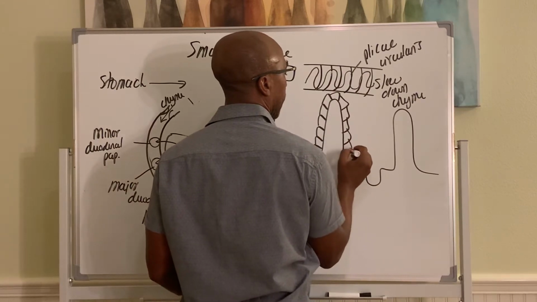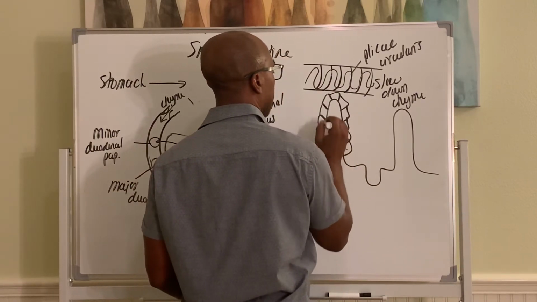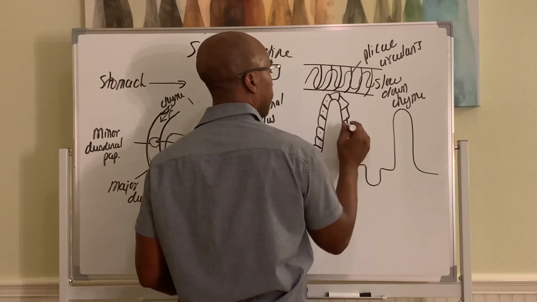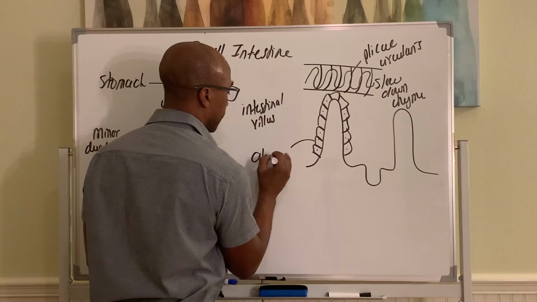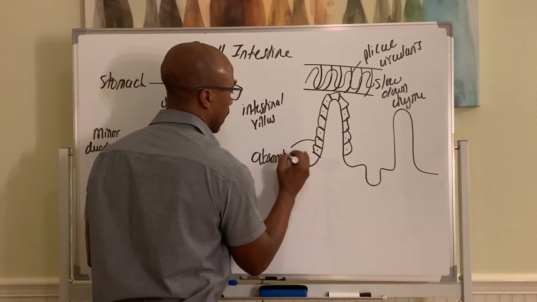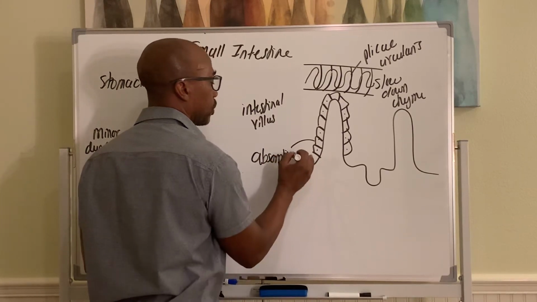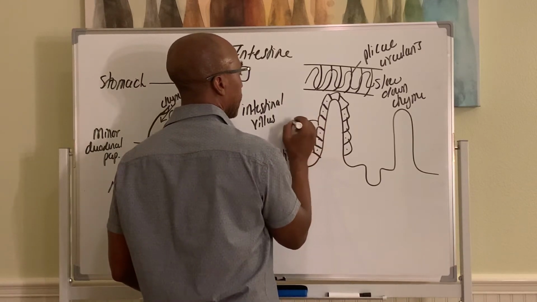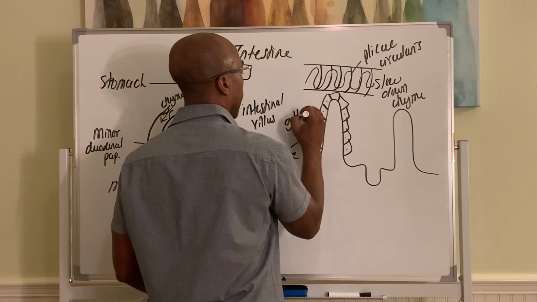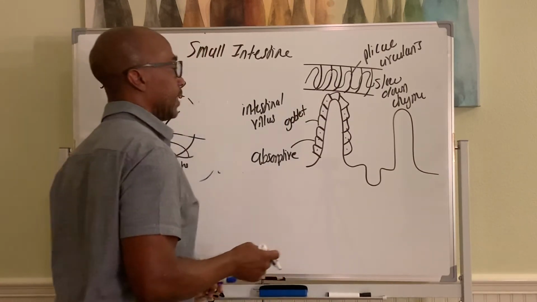And these cells come in two types. You have your absorptive cells. Their job is to absorb nutrients. Then you have your goblet cells. And these cells make mucus, okay?